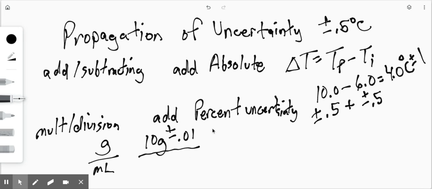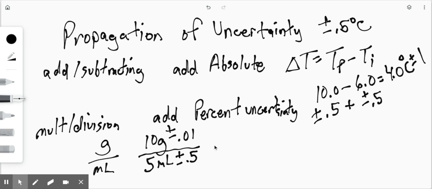Then we measure out the volume of that substance in our graduated cylinder from before. So we measure the volume to be 5 milliliters. And from before, we're using the same graduated cylinder. We know that the absolute uncertainty of that cylinder was plus or minus 0.5 milliliters.